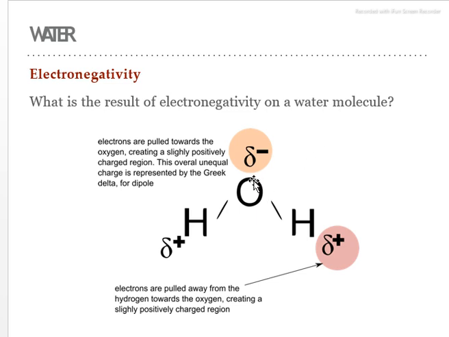This overall unequal charge is represented by the Greek letter delta for dipole. Electrons are pulled away from the hydrogen towards the oxygen, creating a slightly positively charged region in the hydrogen. So that is how polarity is formed.